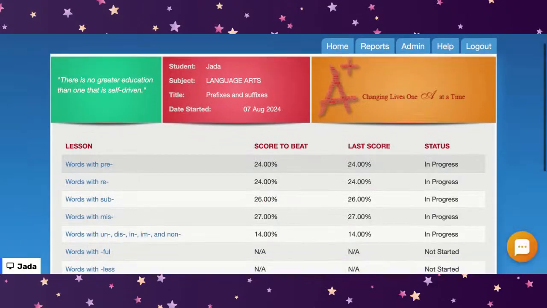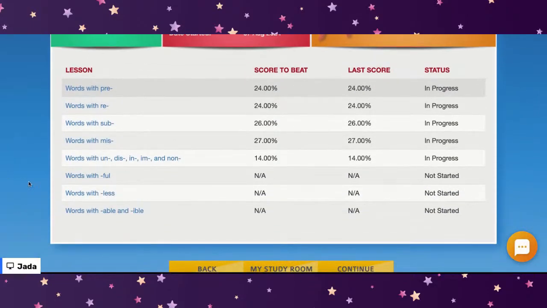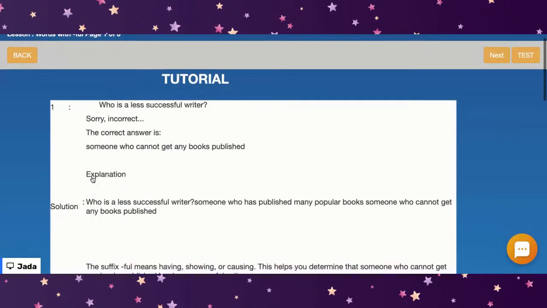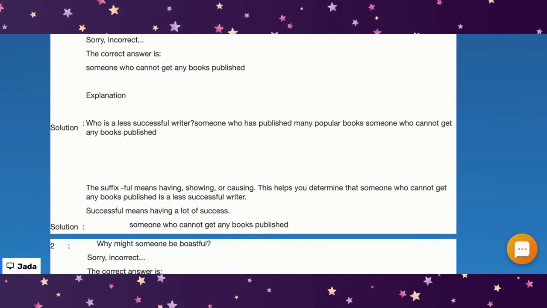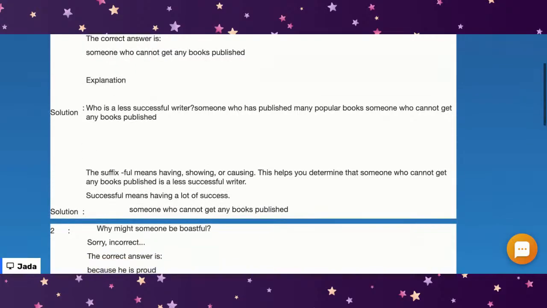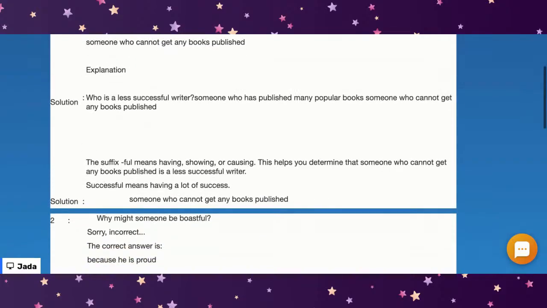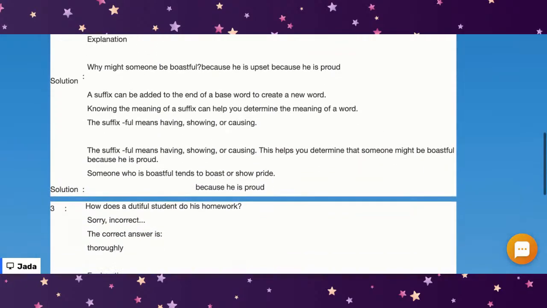The next one is words with full. This is the suffix. So far we've been doing prefixes. Now a suffix can be added to the end of a base word to create a new word.